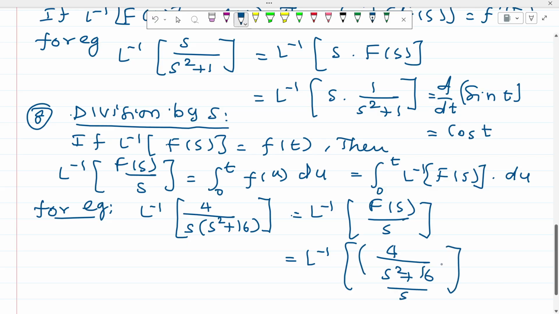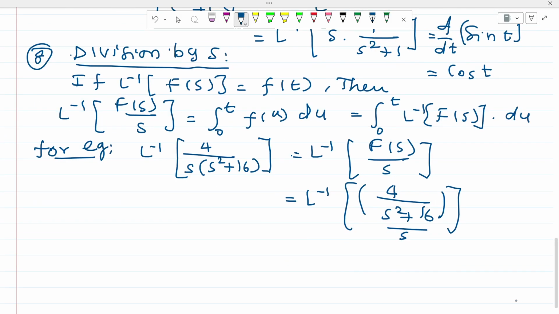So this can be written as F(s) by s. That is equal to the integral from 0 to t of L inverse of F(s), that means f(t). f(u) is sin 4u du.